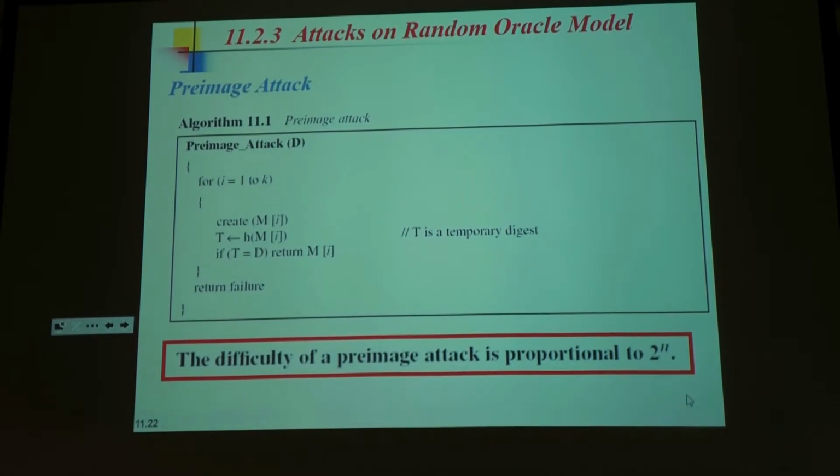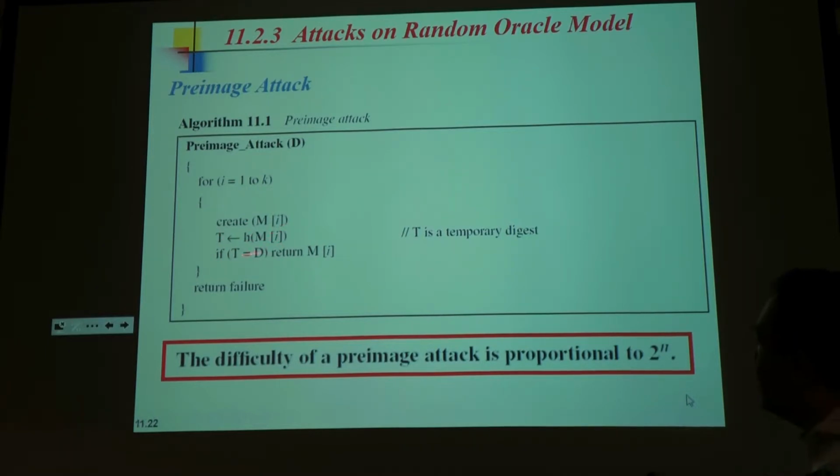Let's take the attacks on the model. What kind of attacks could we have on the model? So, the preimage attack. For i equals 1 to K, create the message M_i.